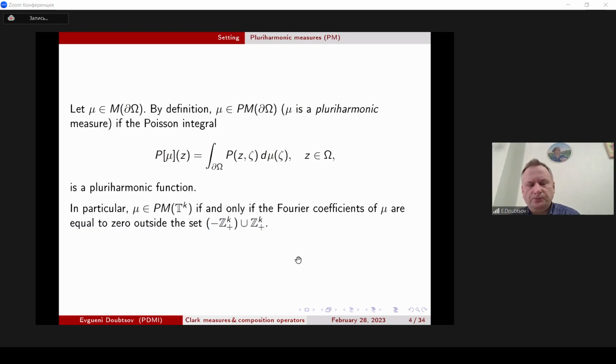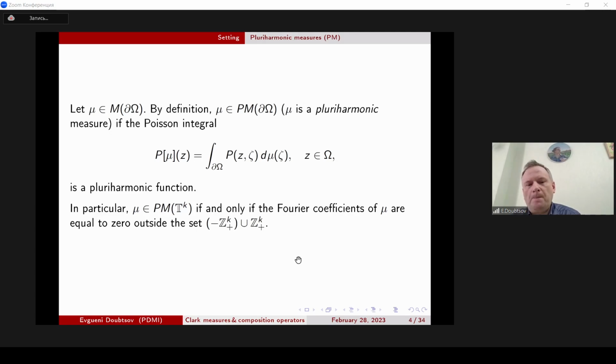Once we have the Poisson kernel in our domain, we consider a measure mu, just a Borel measure on the distinguished boundary, and we say that this is a pluriharmonic measure, and write mu in PM of d omega, if and only if the Poisson integral is a pluriharmonic function.